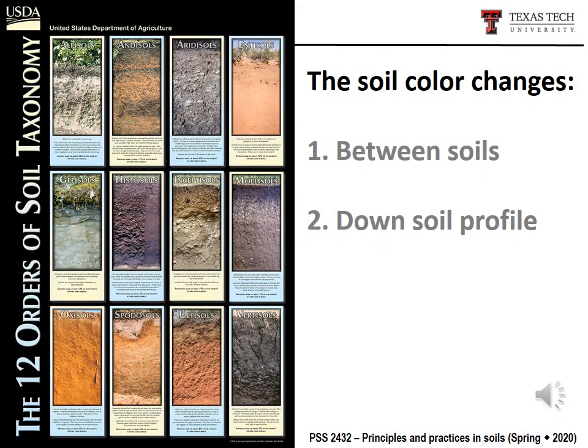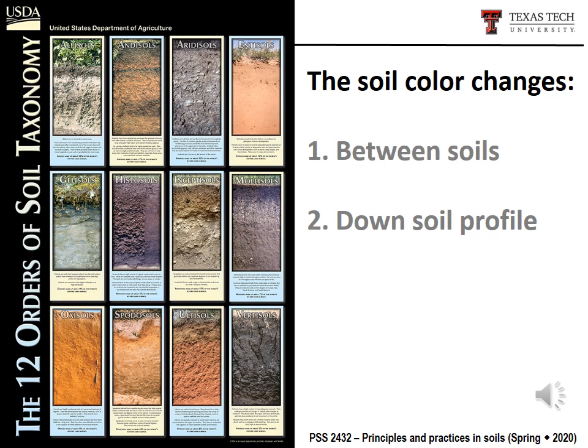You can see here the 12 orders of soil taxonomy. These are the main soils occurring in the United States. For example, alfisols, andisols, aridisols, entisols, gelisols, histosols, inceptisols, mollisols, oxisols, spodosols, ultisols, and vertisols.